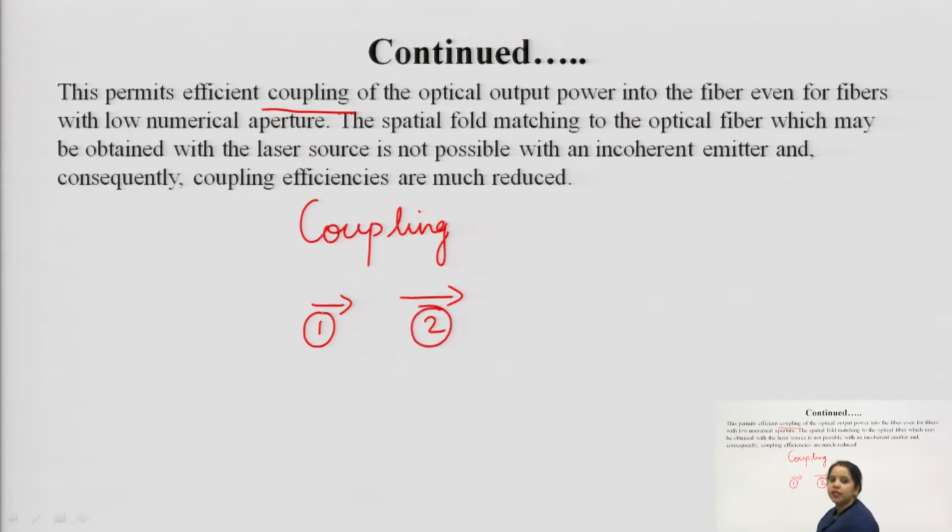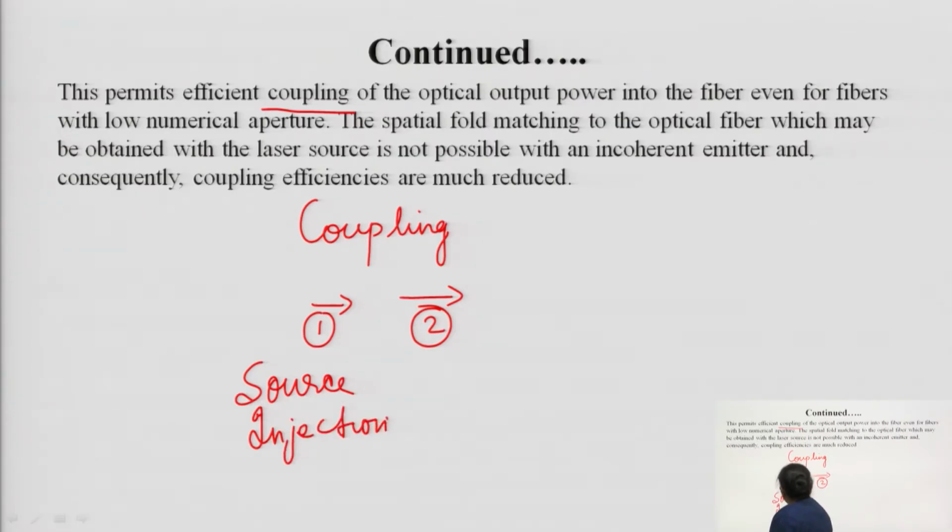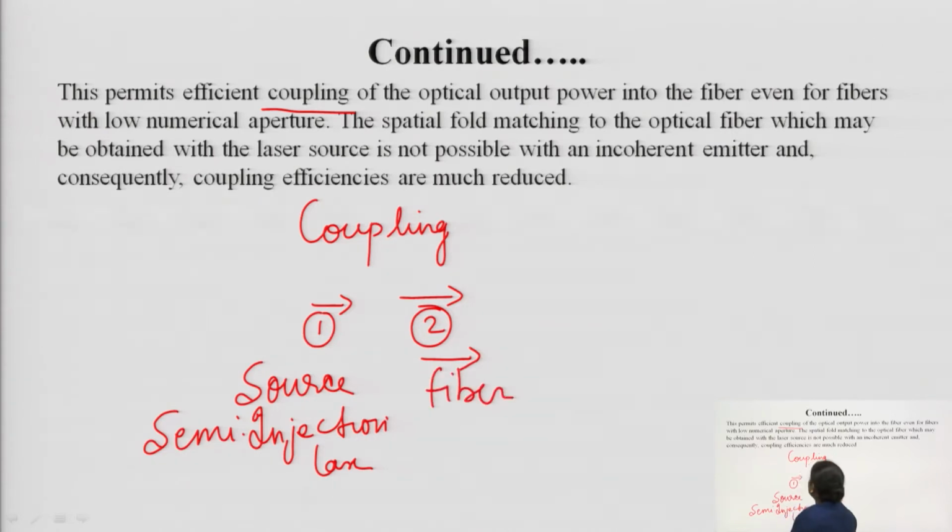The first medium here is our source, which is the semiconductor injection laser, and it has to be coupled with the fiber for transmission. So, between the source and the fiber, the coupling can be improved when we use the semiconductor injection laser as the source.